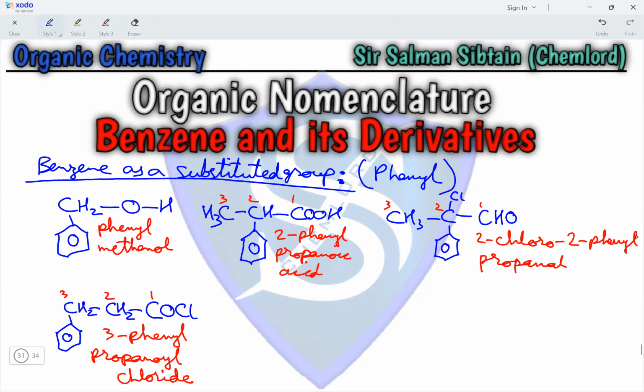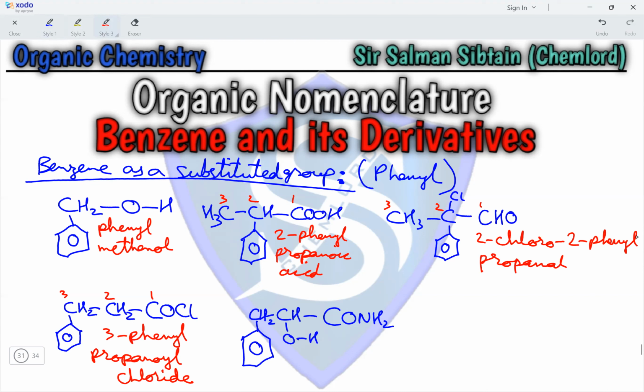A phenyl group on an amide, CONH2. This is the amide group. We've got CH2, we've got CH2, and the phenyl group. Okay, let's replace another hydrogen on this compound with another substitute group. For example, let's place an OH group here. So now we've got a choice in the naming.